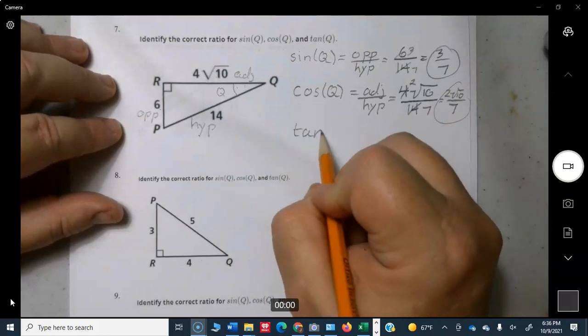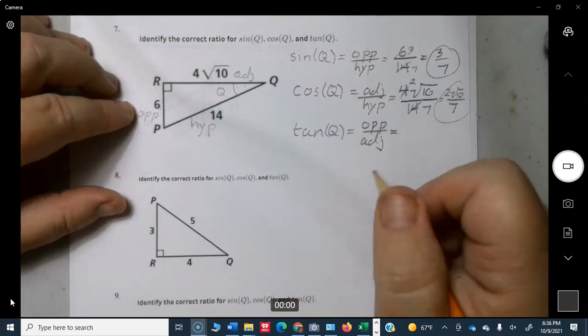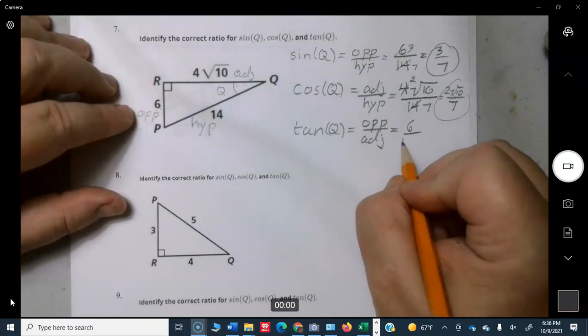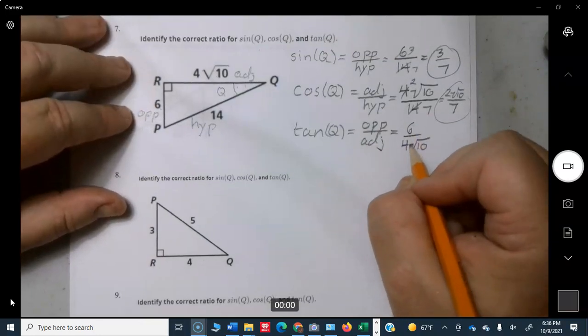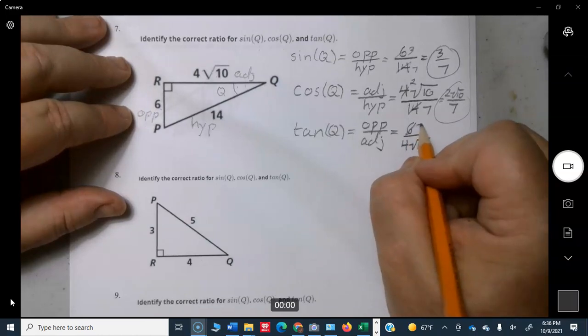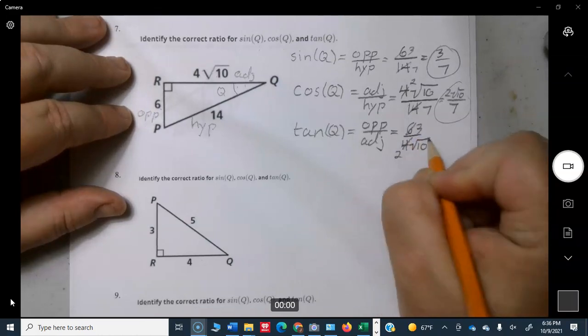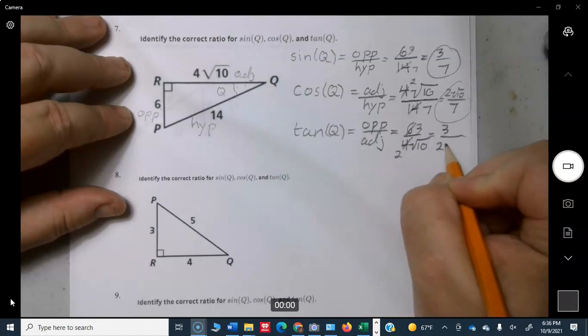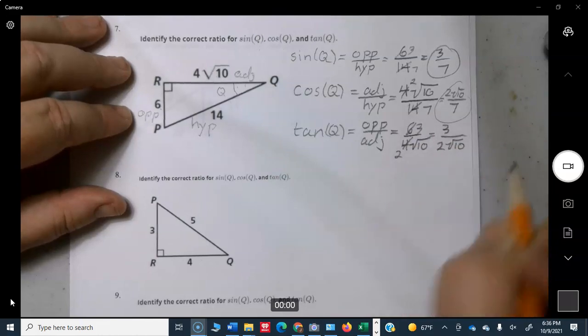That's the cosine. Okay, opposite 6. Adjacent is this. Okay, 2 goes into 6 3 times, and it goes into 4 2 times, so that equals 3 over 2 root 10.